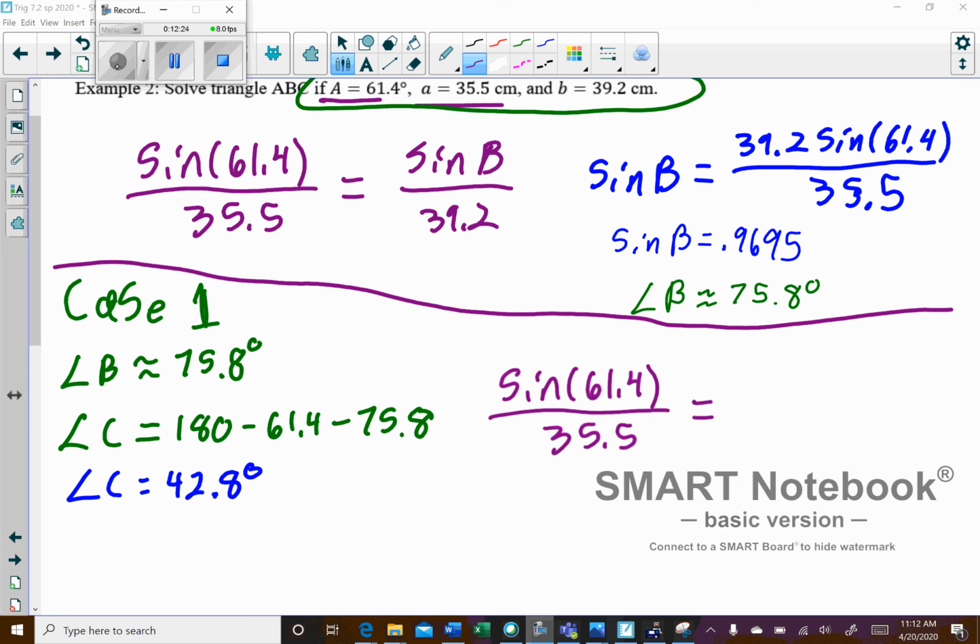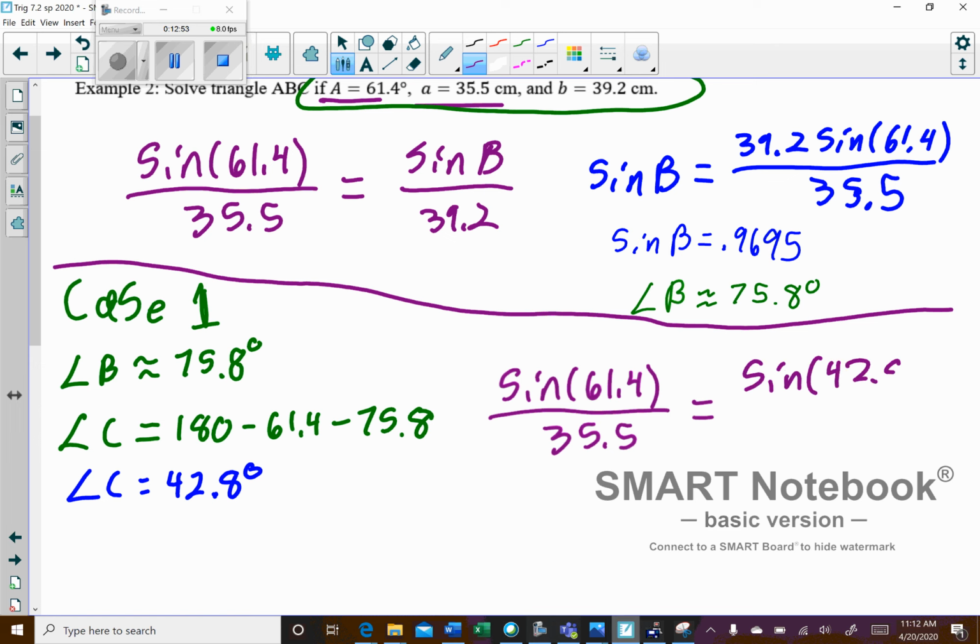Okay, I paused the video there for a minute just to kind of clean things up. So what I did here was I took a copy of my law of sines I was using earlier. I already have it, so I'm taking this down here, but instead of dealing with angle B and side B, now we'll use angle C and solve for side C. So over here, we're going to have sine of, now this time I'm going to put in 42.8 since I already know it.